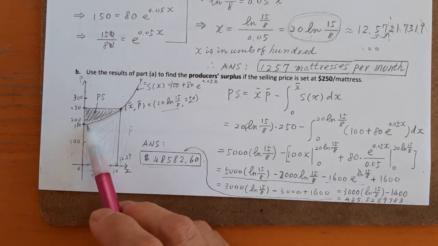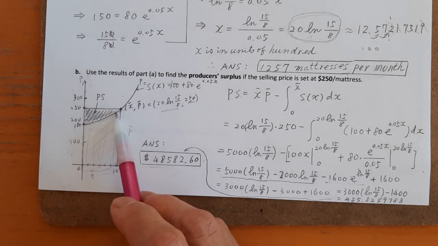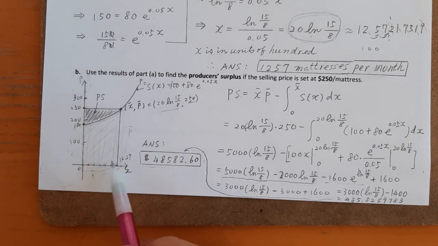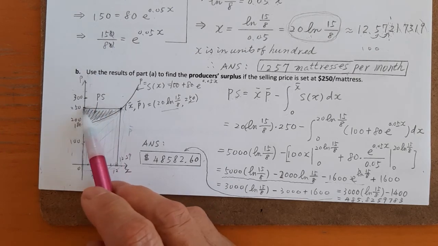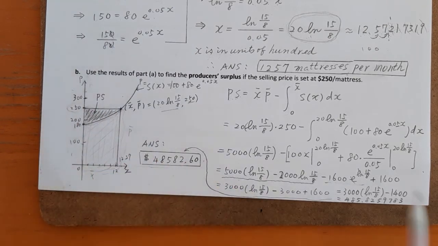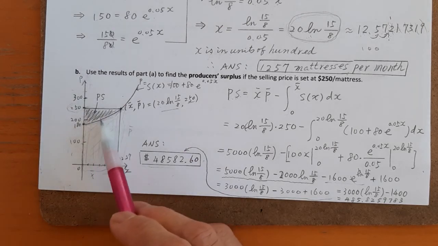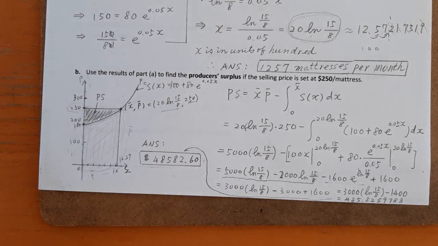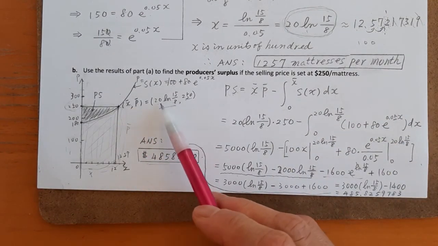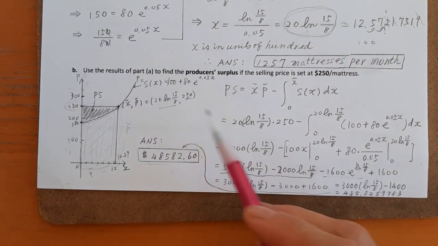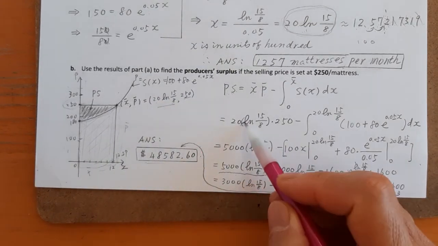The producer would be willing to supply at a lower price and sell, but the market is willing to go to a higher price, the selling price of 250. So the producer gets surplus.